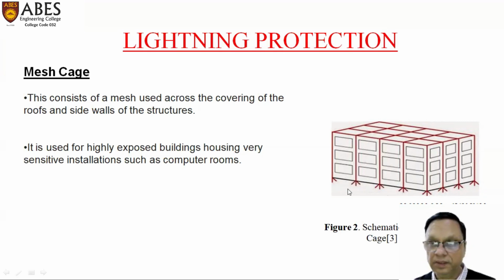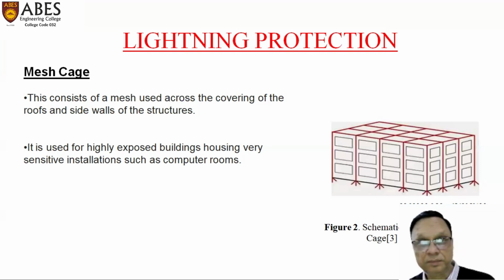You can clearly see that all are grounded. It is used for highly exposed buildings, where sensitive installations such as computer rooms and rooms where documents are kept are located. All those rooms are under a mesh cage.